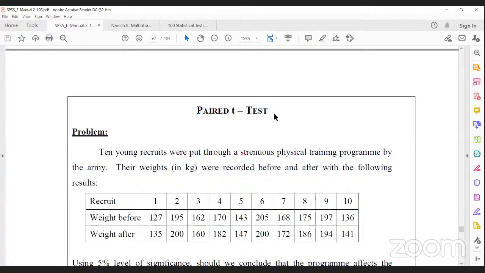This is useful when, for example, they have given the example of weight before and weight after. When you are dealing with a single sample, we have two observations here, before and after. They have considered a physical training program by the army.